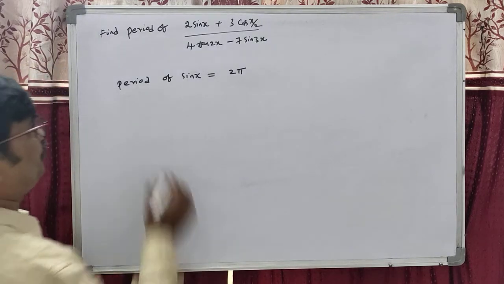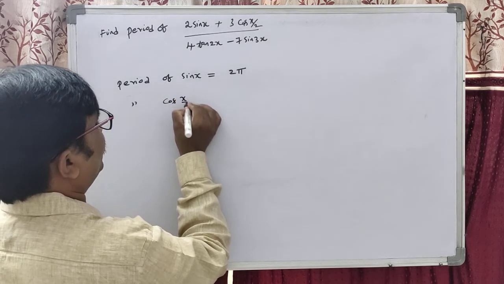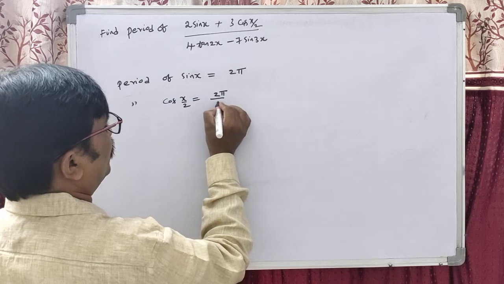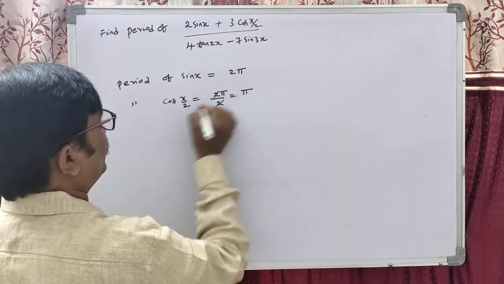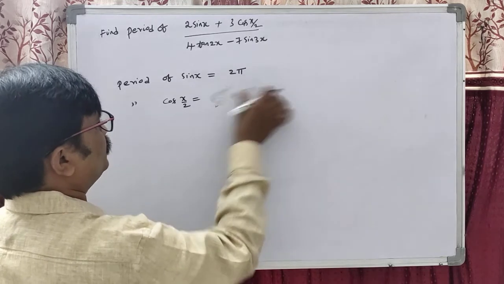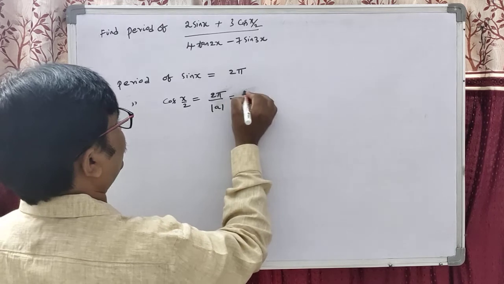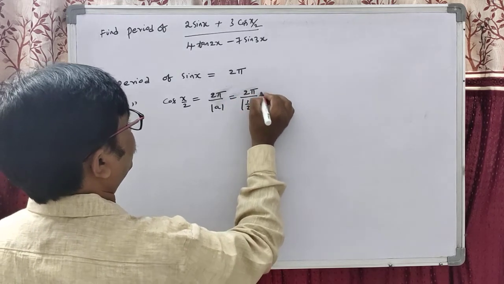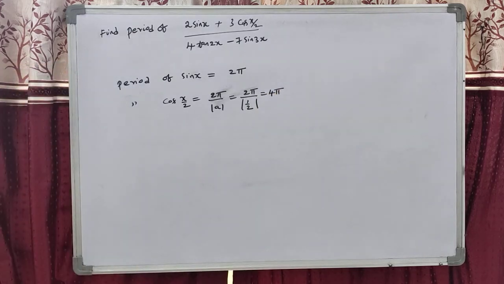After that, students, the period of cos of x by 2 is 2 pi by modulus of a, that is 2 pi divided by 1 by 2, which is 4 pi.